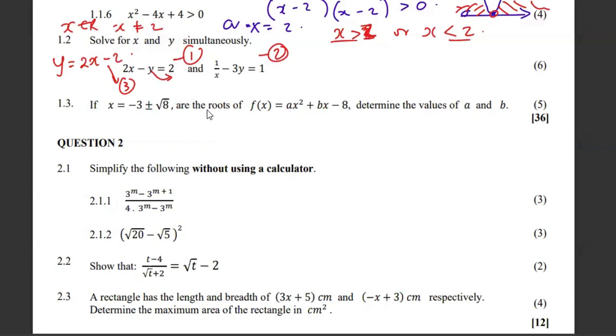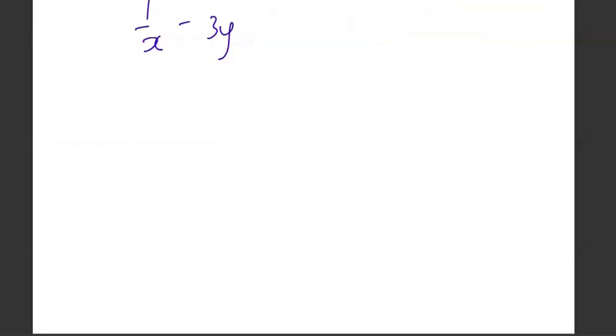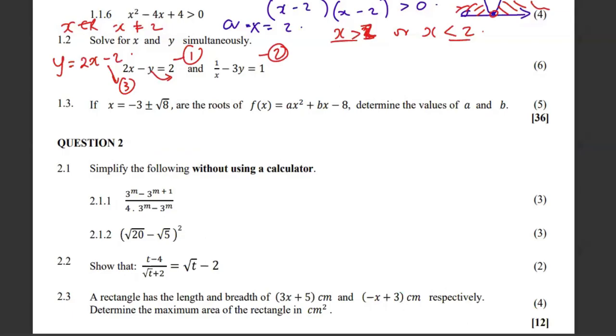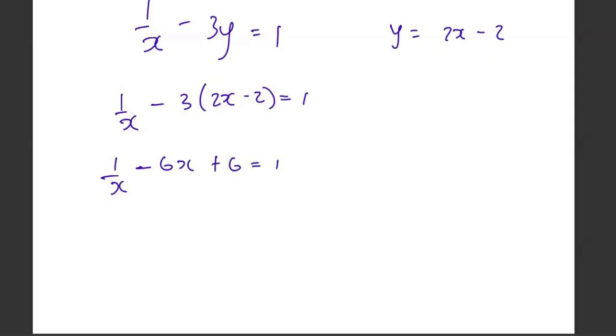And then if I have 1 over x minus 3y is equal to 1. But my y is 2x minus 2. Let me substitute. So 1 over x minus 3 times 2x minus 2 is equal to 1. 1 over x minus 6x plus 6 is equal to 1.